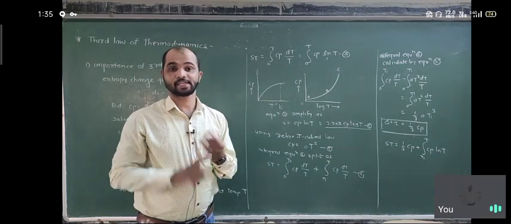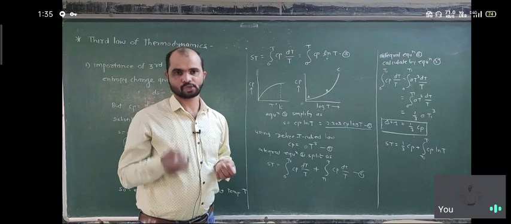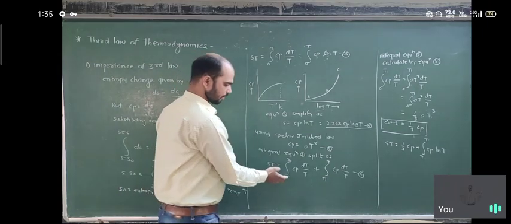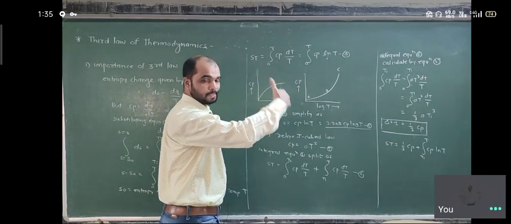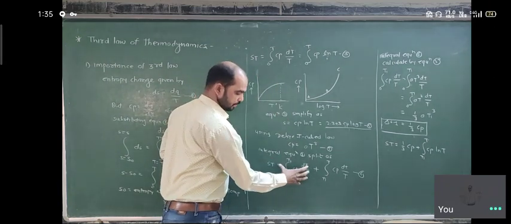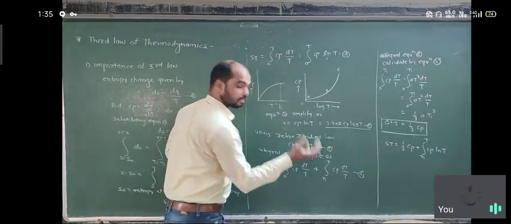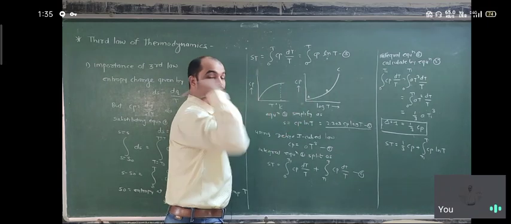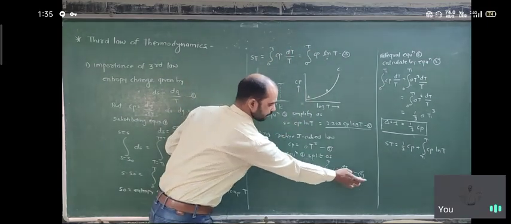We have T1 and T as temperatures. T1 is considered for the range 0 to 15 and onwards. The second integral goes from T1 to T, so we get the second equation.